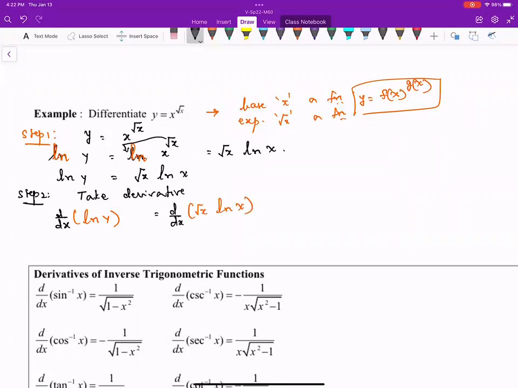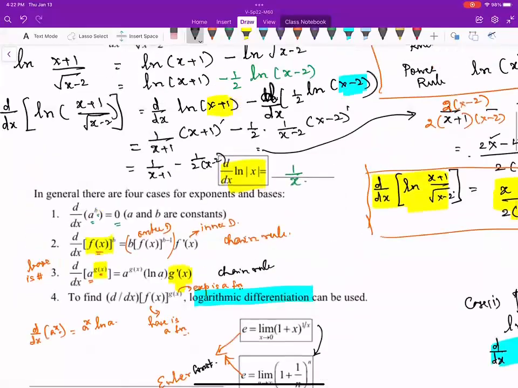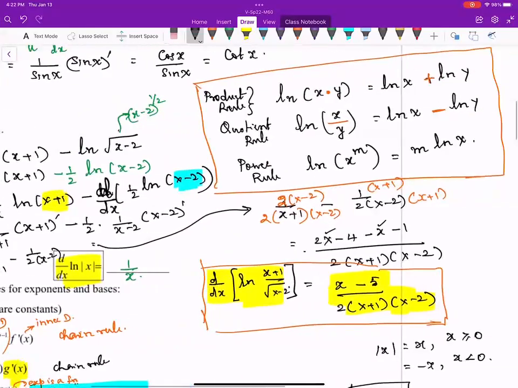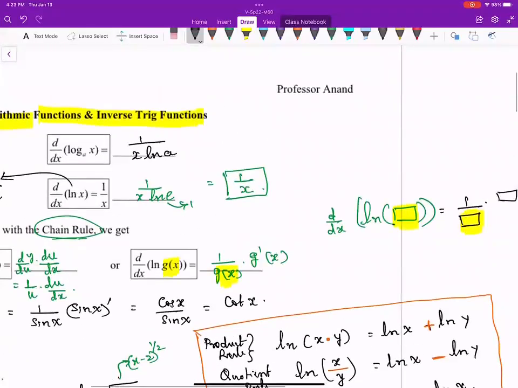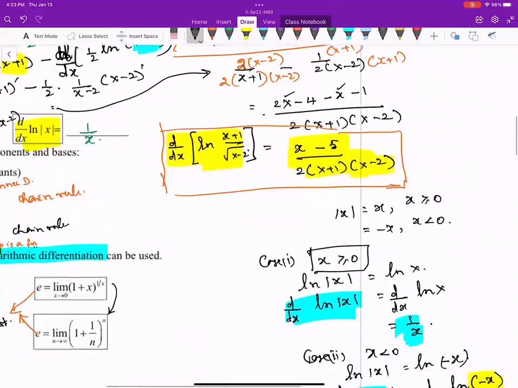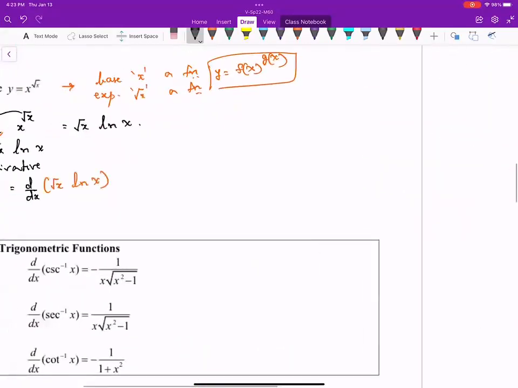What is the derivative of ln y? We know that the derivative of ln of something is 1 over that something times the derivative of that something. Correct? So we'll use that.